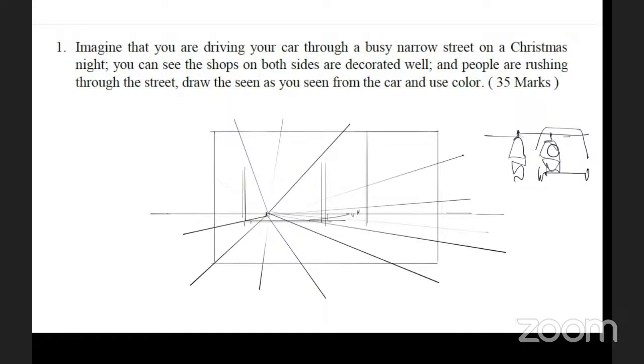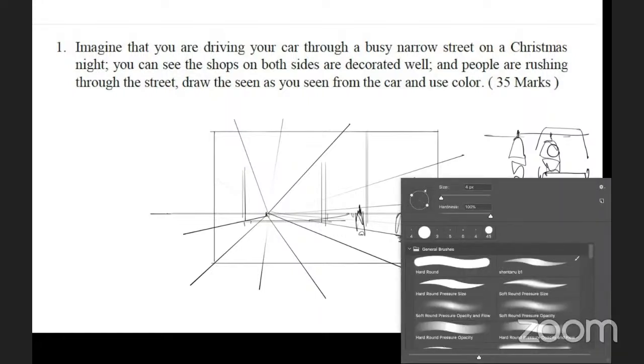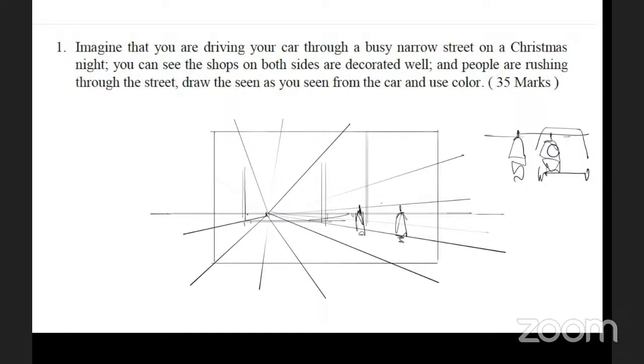I'm going to draw people relative to my height, slightly bigger than my height. Sorry guys. So I'm first adding a little bit of visuals, people, to understand the depth of the solution over here.